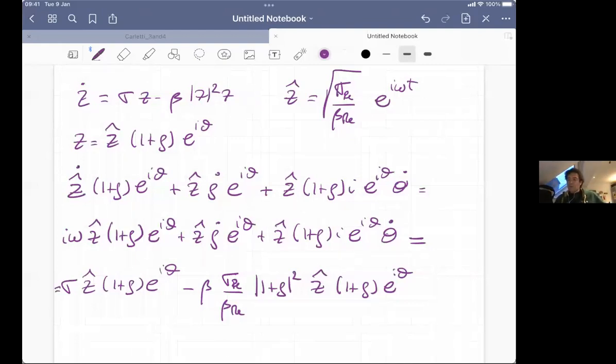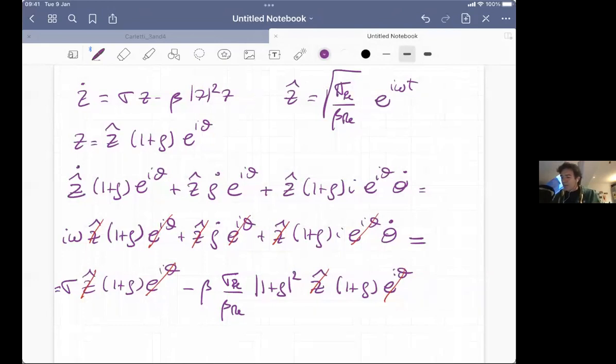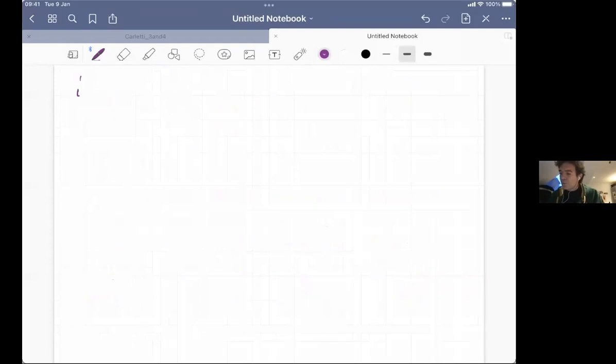Okay, you can already recognize that all the Z hat cancels on the left and on the right. The same is true for the exponential, because you have the exponential in every term. So let me rewrite what is left. On the left, the first term is i omega (1 plus rho).